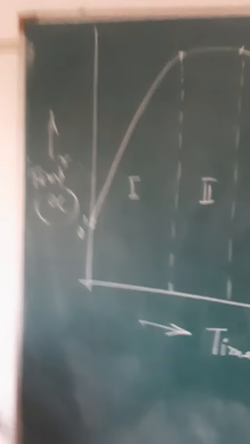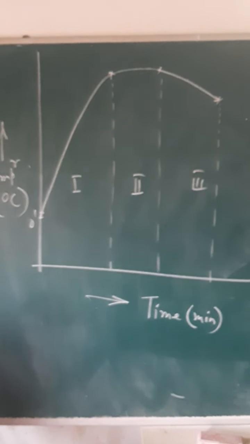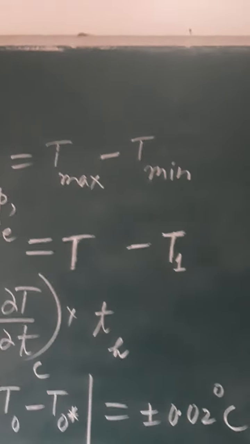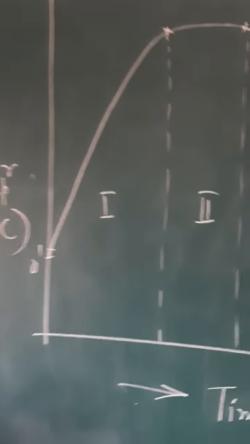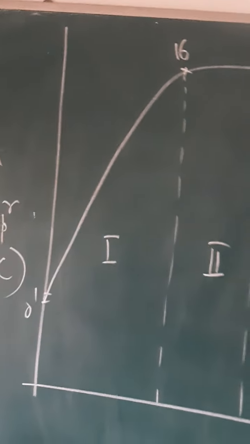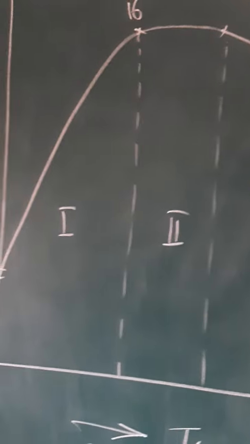See, there are 3 zones: 1, 2 and 3. 1 was heating, 2 was equilibrium, and 3 was the cooling zone. Now what is delta T rise in the experiment? T max minus T min. Say from the reading you have got, for example up to a temperature, say 14 or 15 or 16, whatever, you got a reading where the temperature was increasing rapidly, with a continuous increase from T1.